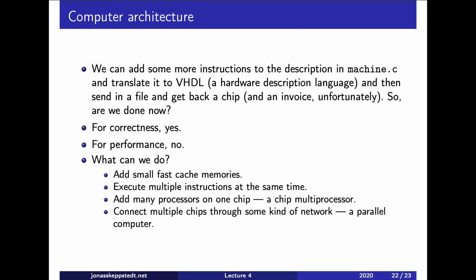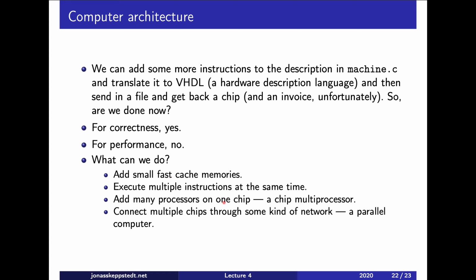Okay, so we could add some more instructions and we can rewrite it to VHDL, and then we can send it away and get a chip back and a very heavy invoice, and then we would basically be done, except that it would be terribly slow. Okay, so I mentioned the first two.